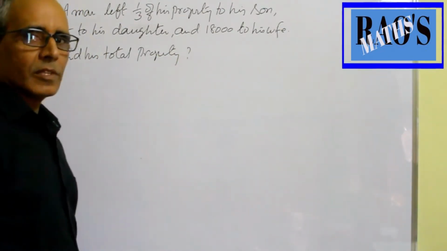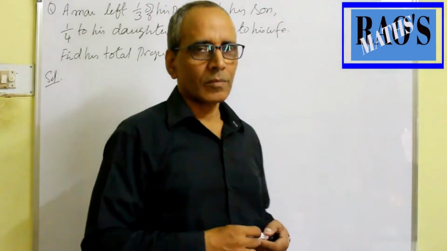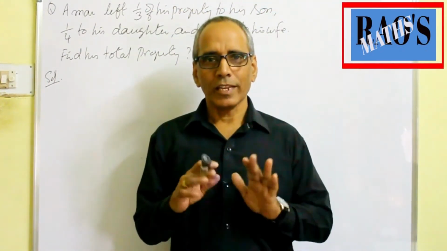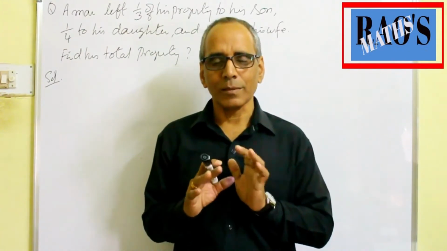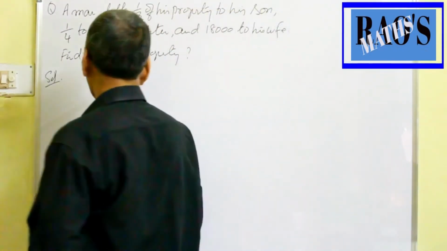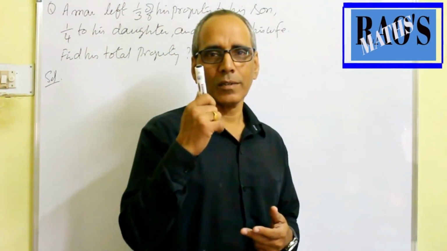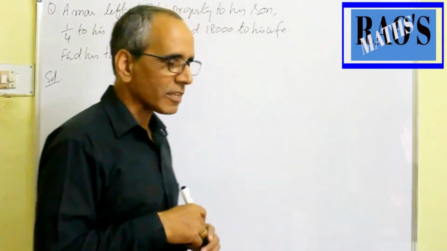Okay, this is similar to the previous question. The total distance there is the total property here. Without explanation, I work out this question very simply. You follow, because it is the last question of the chapter. You do not require more explanation, I think.